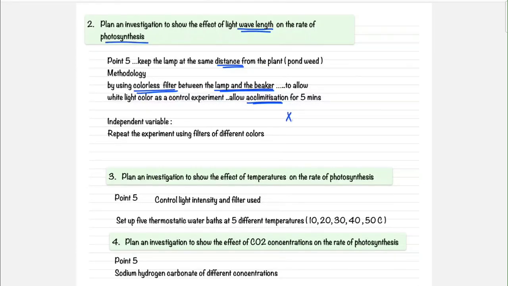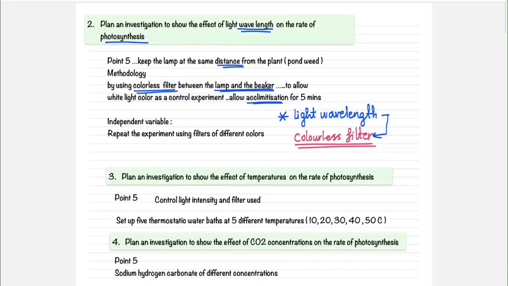A reminder for your physics IGCSE exam that light wavelength differs in every color of light. Light wavelength is going to differ. So from our equipment in here would be the colorless filter, is used between the lamp and the beaker.